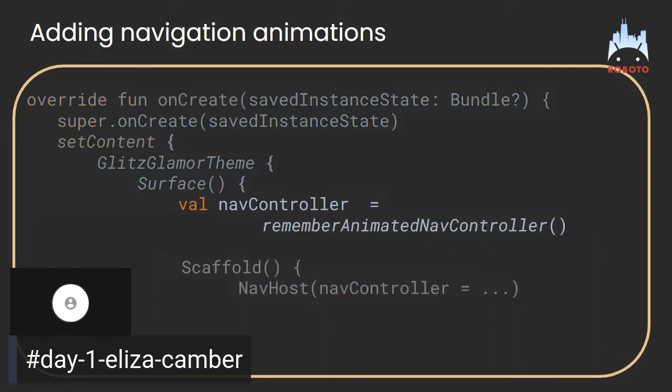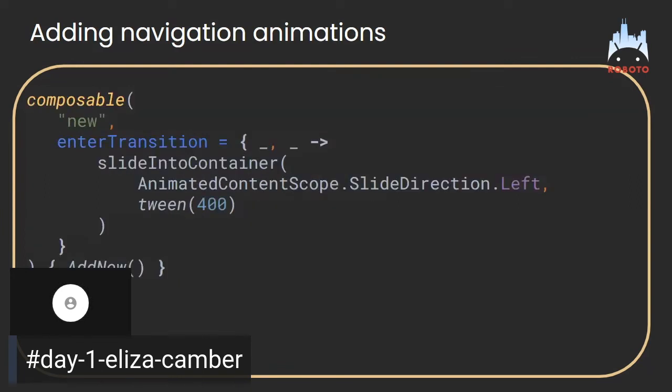So in order to change to an animated one, the changes that we have to do are very simple. First, we just add the dependency in our build Gradle, and then we change the navigation controller to an animated navigation controller instead of a normal one. And then we come over here and instead of navigation host, we use the animated navigation host.